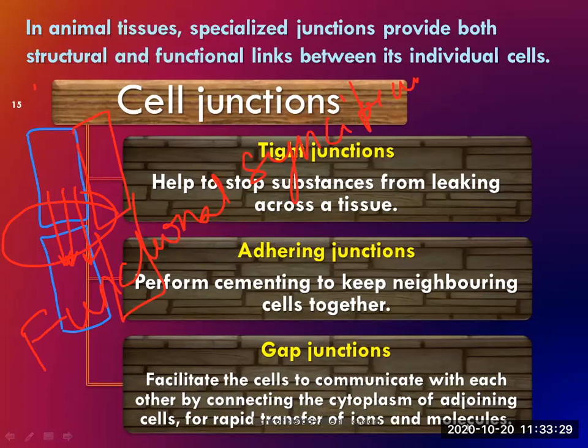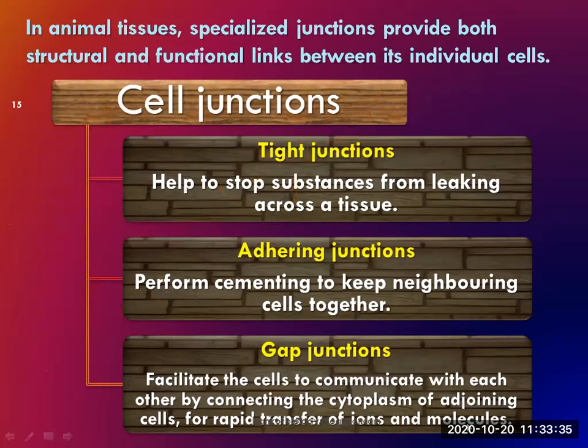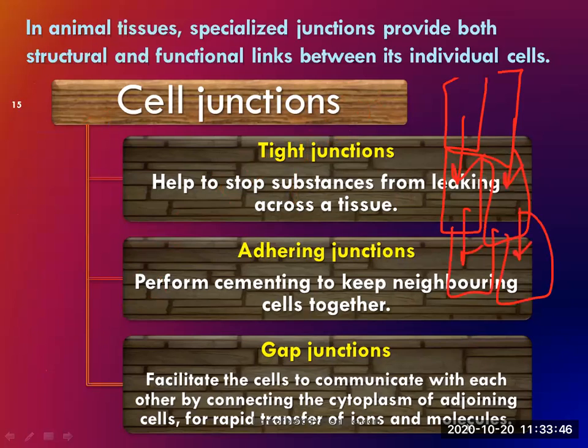In cardiac muscle fiber, the transport of calcium ions from one cell to another is required, to transfer the muscle contraction, the heartbeat, from one cell to the other. That is why gap junctions are required.